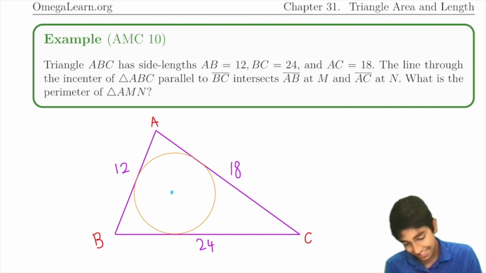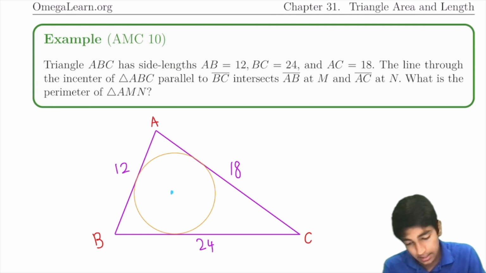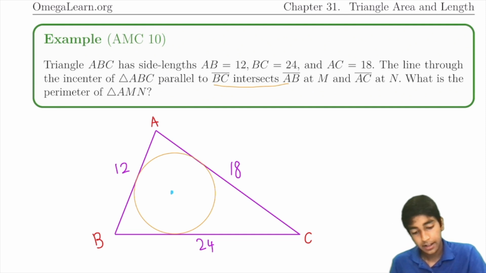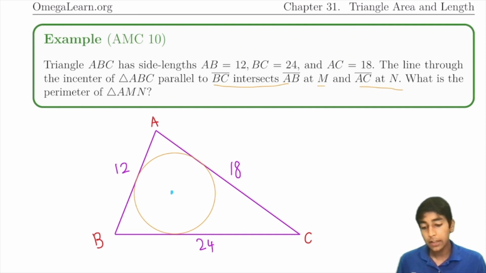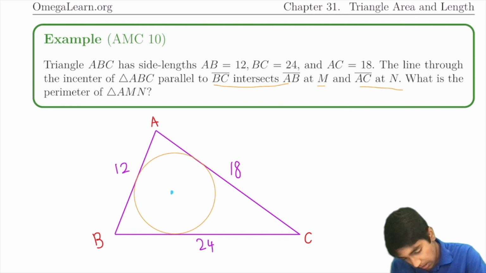The line through the incenter of ABC parallel to BC intersects AB at M and AC at N. There's a line through the incenter parallel to BC. Let's draw it. Maybe it will be something like this.